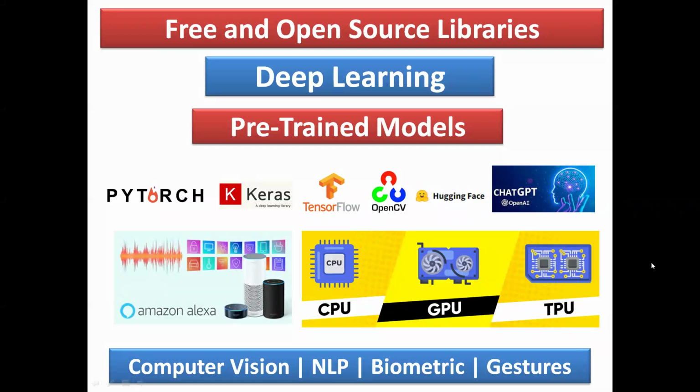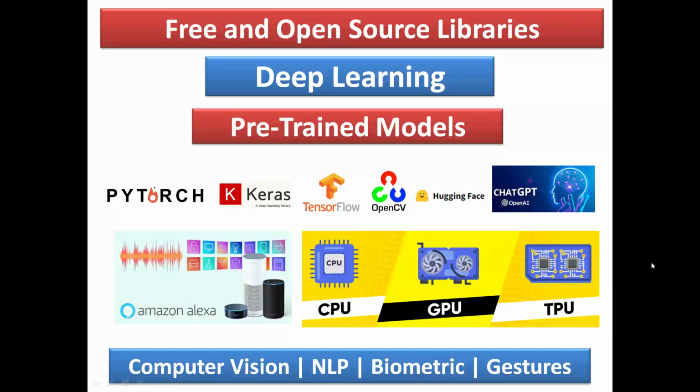First of all, we will discuss different use cases of pre-trained models for research projects, whether you are working on some particular academic research project or corporate research project related to computer vision, natural language processing, speech recognition, biometric analysis, gestures, behavioral analysis.